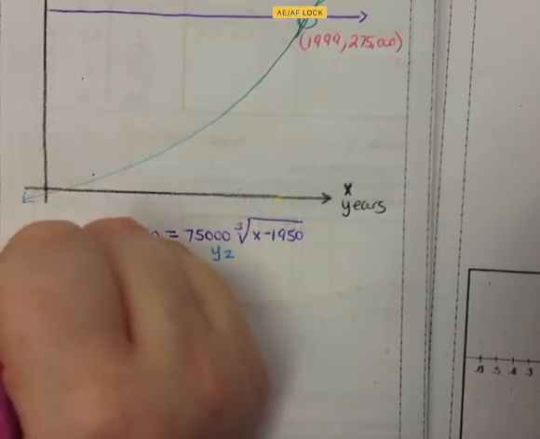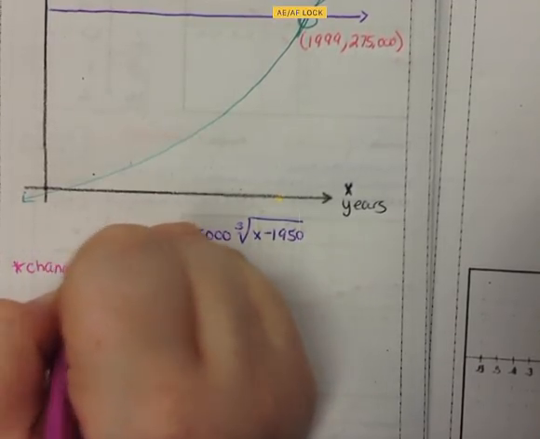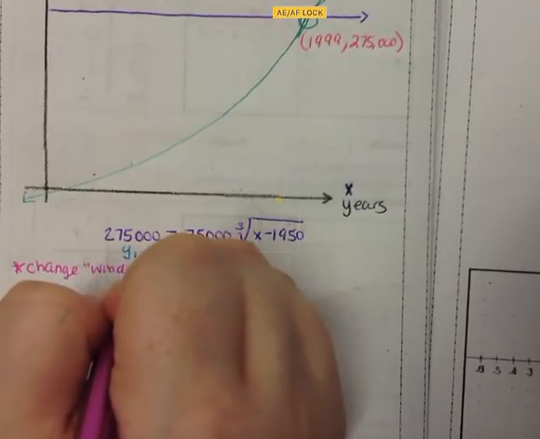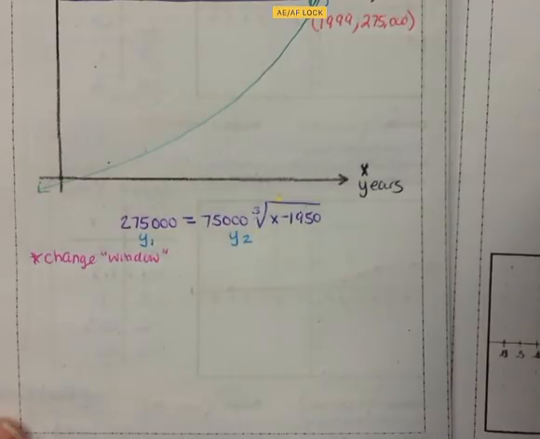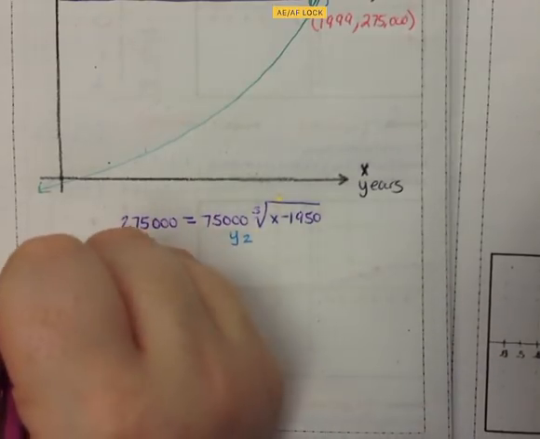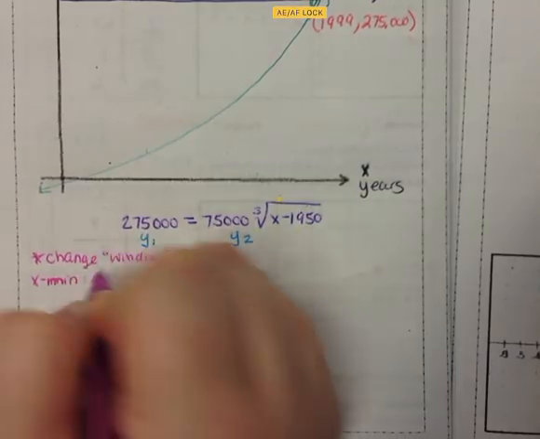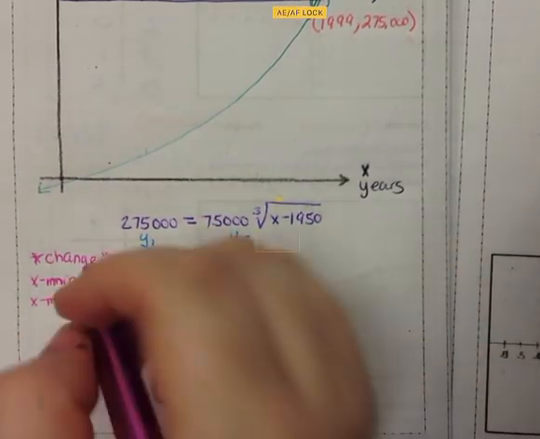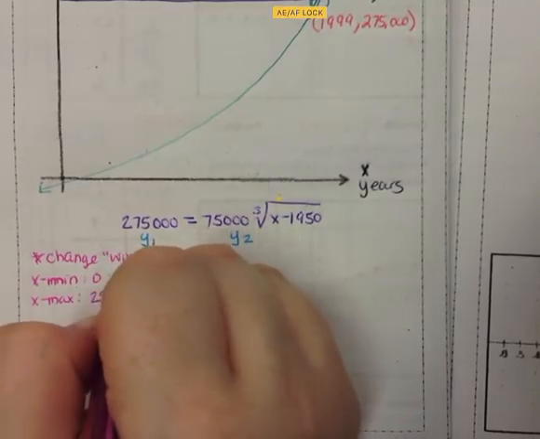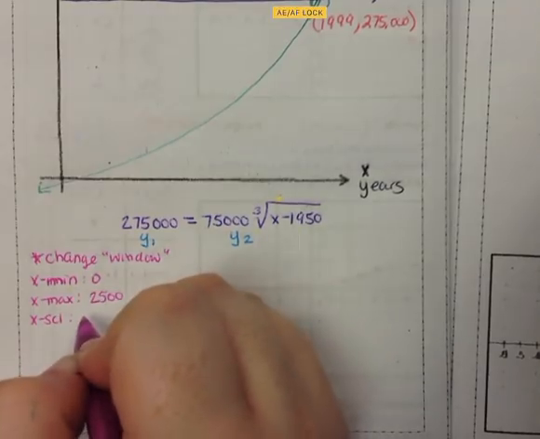So I'm going to put that note down here about the change of the window. Because if we didn't change the window, we would never have been able to see any of this. So our X minimum, the year, was 0. The X maximum for the year, we did about 2,500. The X scale, that's what we're counting by, we decided to count by 100.